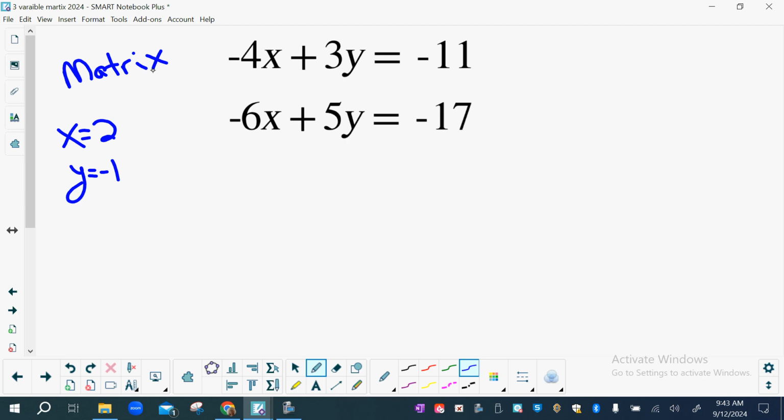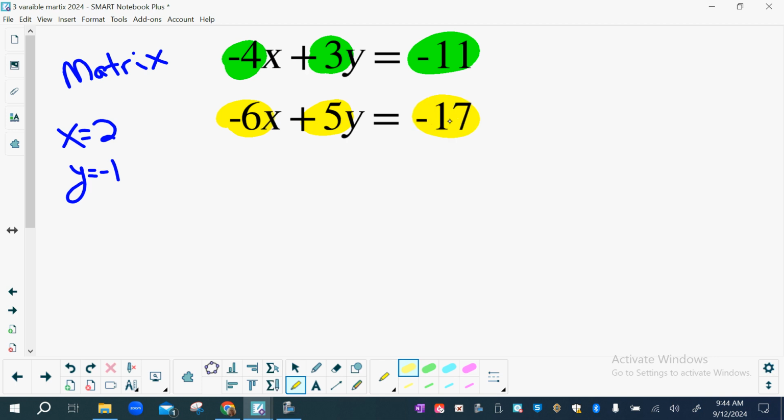The first thing that we need to know is the important parts of any equation are not the letters. It's these guys, these coefficients. All that ever changes in every equation we do is just the numbers. The x's and y's stay the same.